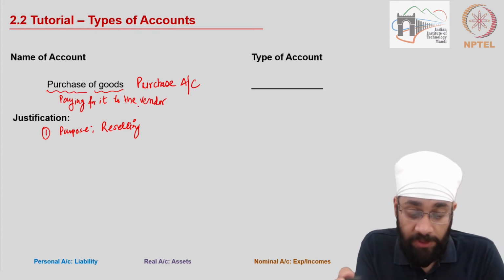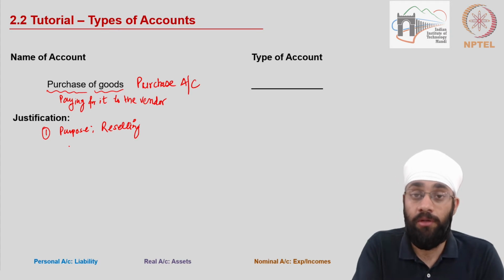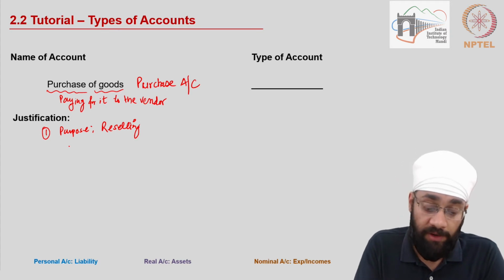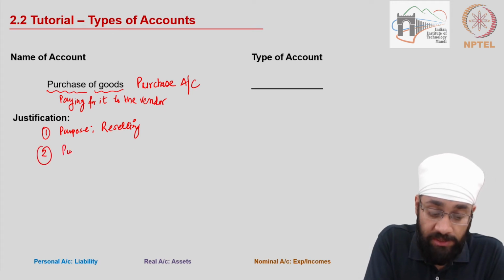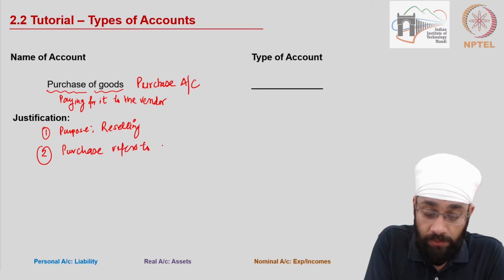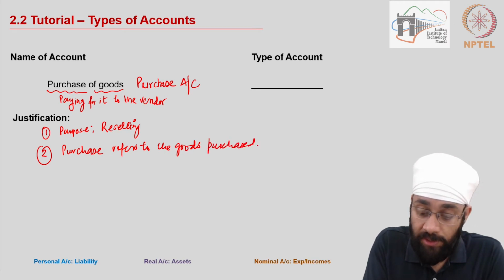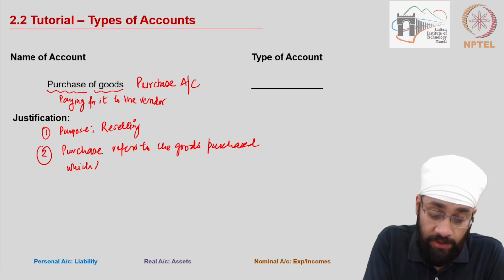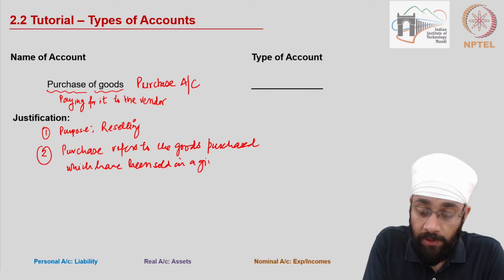Now, when you purchase, you have possession of the goods, and in return you are paying to the vendor. Now, we should note that purchase refers to the goods purchased which have been sold as well, which have been sold in a given year.